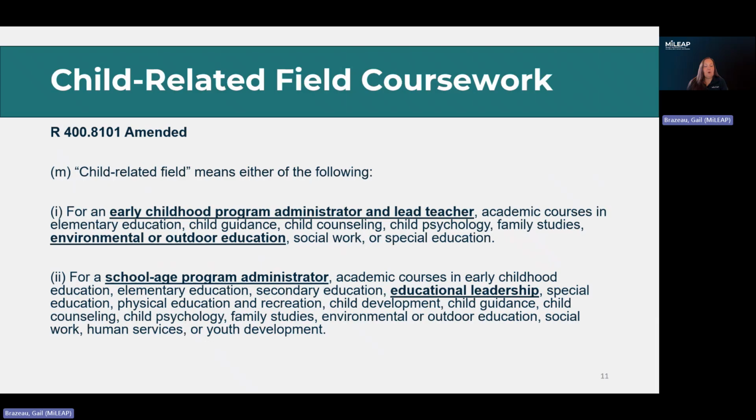Next, for a school-age program administrator, again, that term was just updated. Academic courses in early childhood education, elementary education, secondary education, educational leadership, special education, physical education and recreation, child development, child guidance, child counseling, child psychology, family studies, environmental or outdoor education, social work, human services, or youth development.